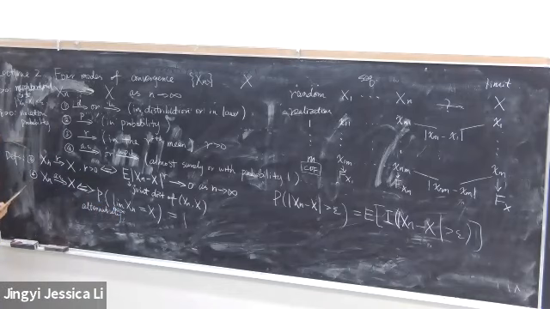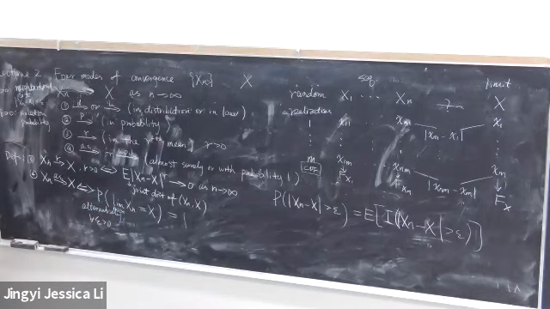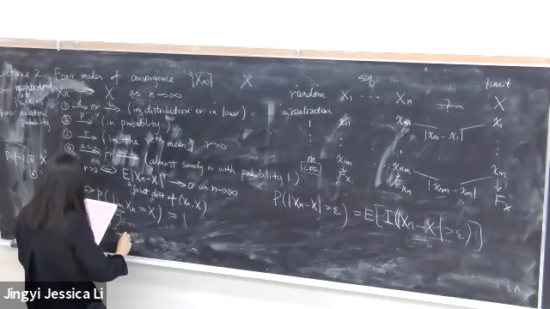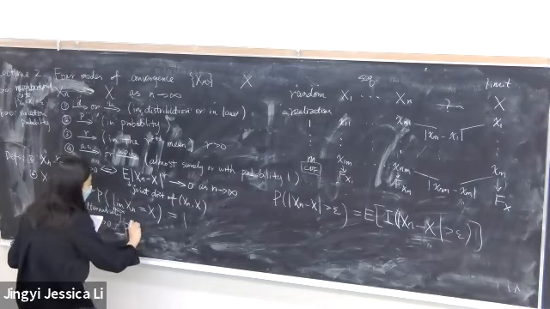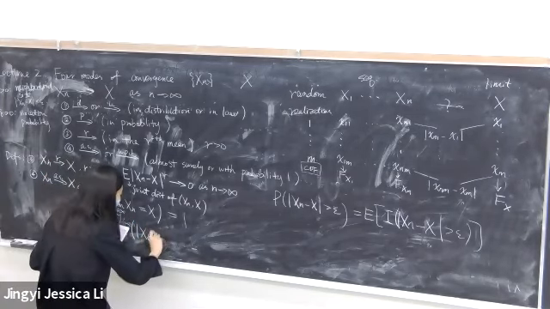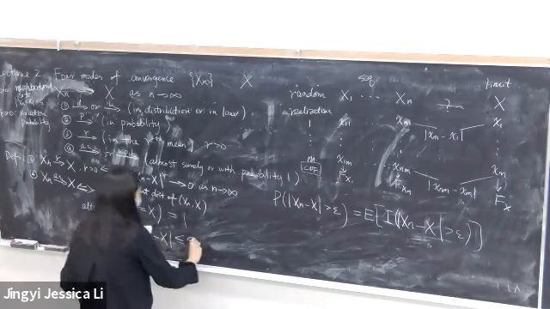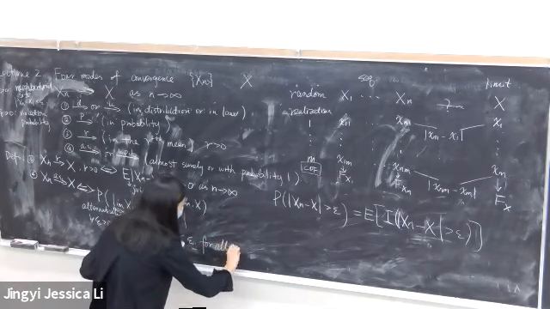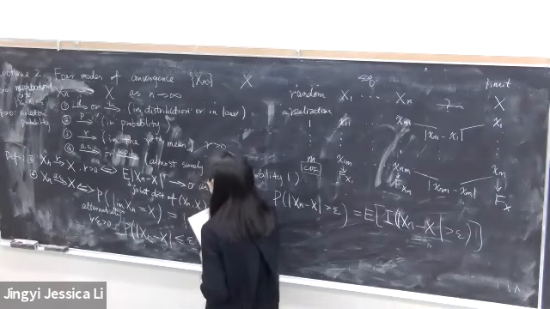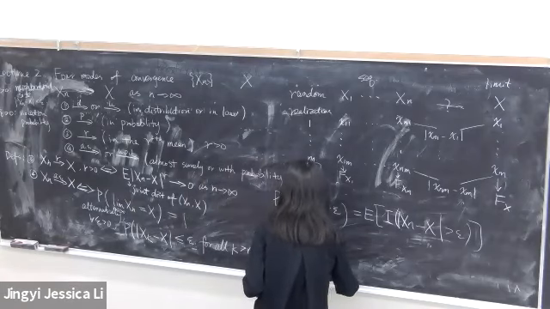An alternative definition is that for every epsilon greater than 0, still the neighborhood size, the probability that the absolute value of xk minus x is less than or equal to epsilon for all k greater than n converges to 1 as n goes to infinity. Pay attention to the index k.